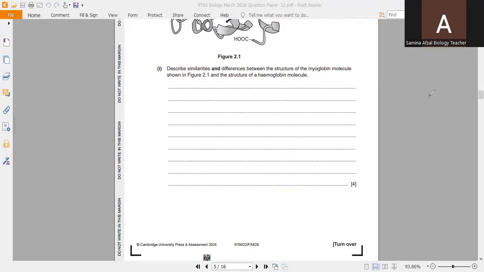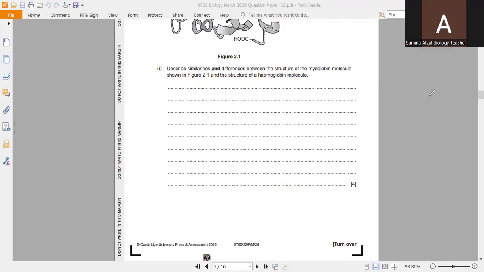So I would like to say that myoglobin consists of a single polypeptide chain. This is a monomer and has only one tertiary structure. Whereas hemoglobin has a quaternary structure consisting of four polypeptide chains, two alpha chains and two beta chains. Myoglobin has one heme group per molecule, whereas hemoglobin has four heme groups per molecule.